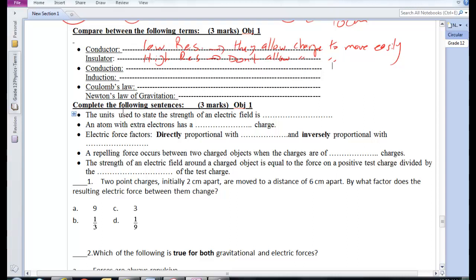Conduction and induction, we also defined these before. They are methods of charging.